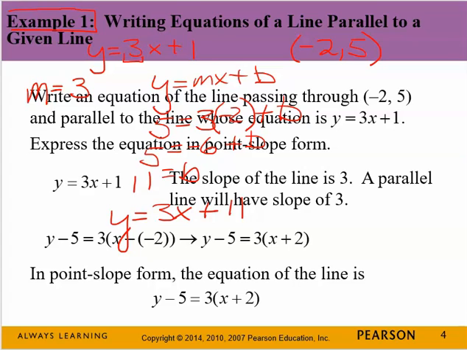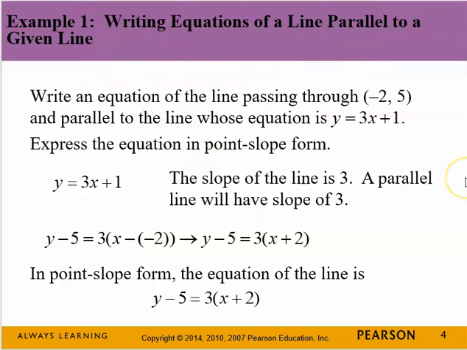In fact, let me clear this up so you can see it. Where your y value is 5, it goes into the equation here as a negative 5 because of the negative in the formula. And then your x value is a negative 2, but there's a negative in the formula, so the opposite of a negative 2 makes that a positive 2.